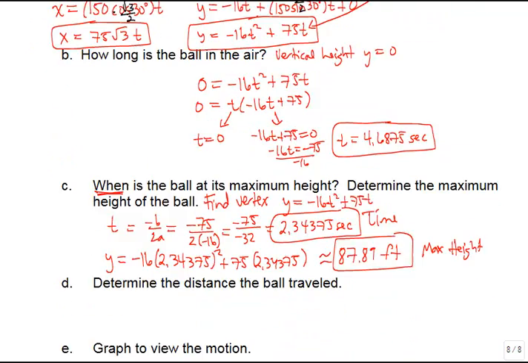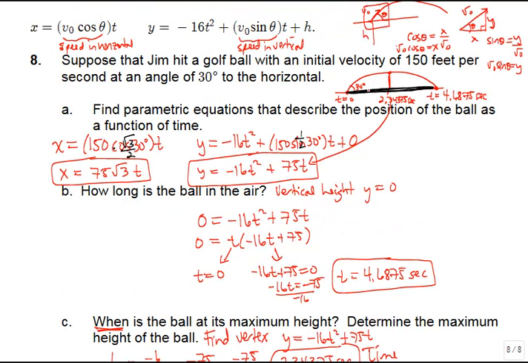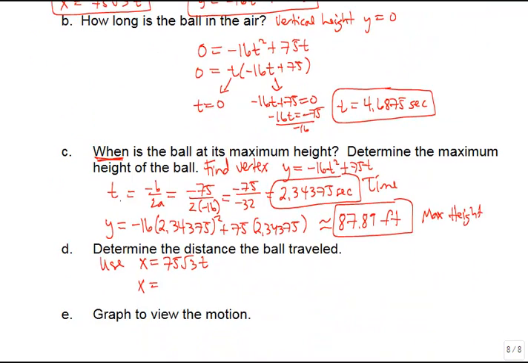So what we're going to do to figure out how far the ball traveled is use x equals 75 square root of 3 times t. And do we know the time it took for the ball to travel this whole distance? Yes, it was this 4.6875. So that's what we're going to use for t.